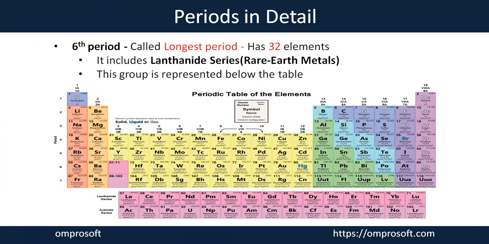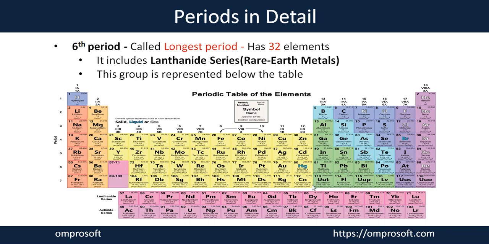Now the next one, period number 6. It is called the longest period because it has 32 elements in it. It includes the lanthanide series, which is also called rare earth metals, which is represented below the table.